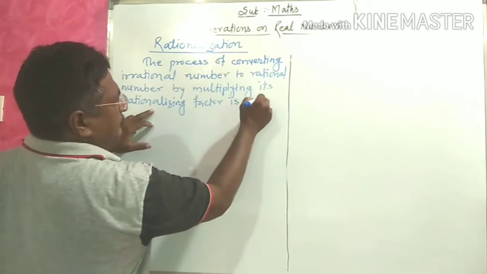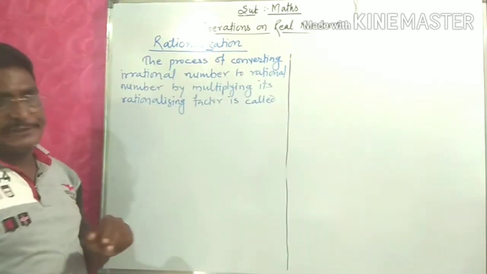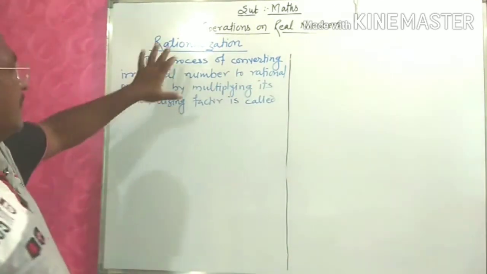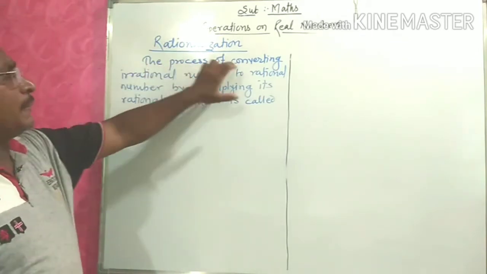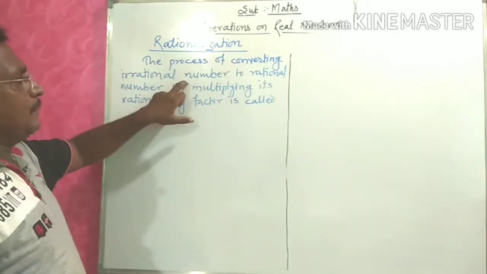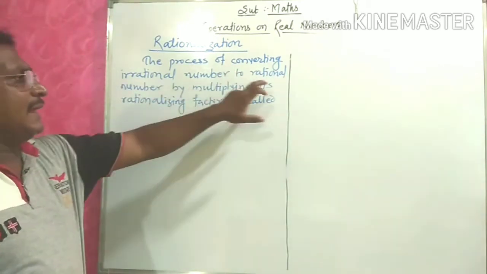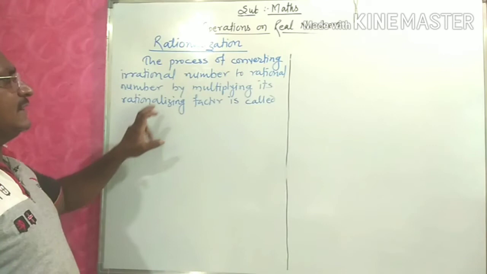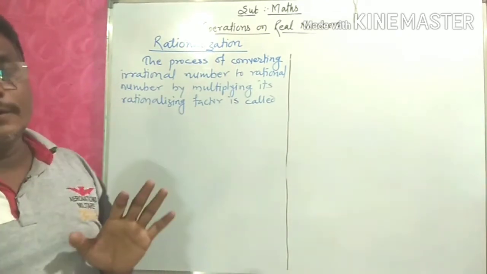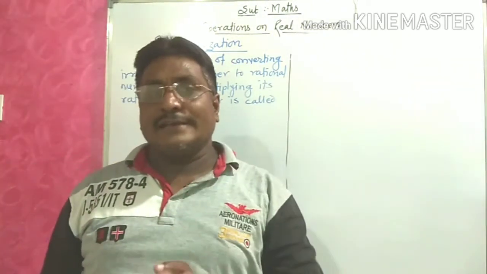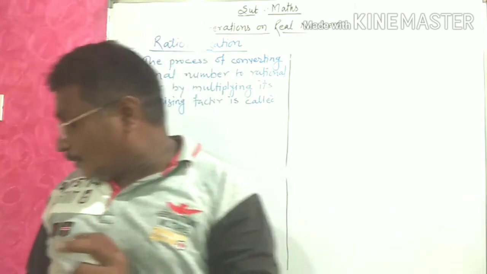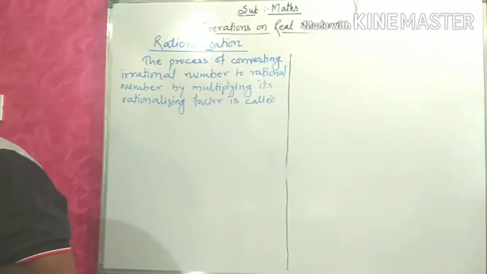What is the meaning of rationalization? The process of converting an irrational number to a rational number by multiplying by its rationalizing factor is called rationalization. So what is the meaning of rationalizing factor?